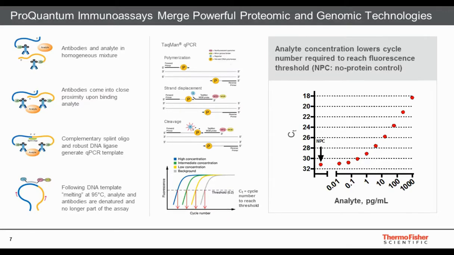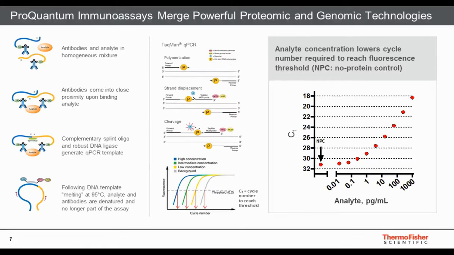Therefore, with a high concentration of protein in your sample, which equates to a high amount of DNA template, the cycle number to reach a given threshold is lower. The less protein in your sample, the more cycles are needed to reach threshold.